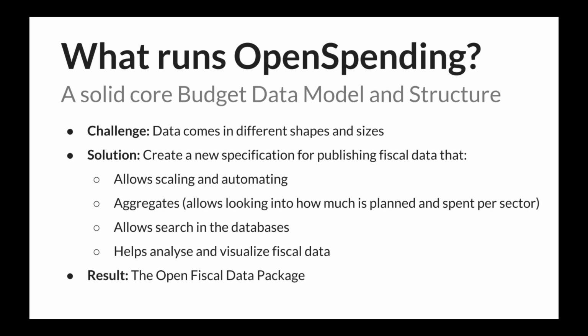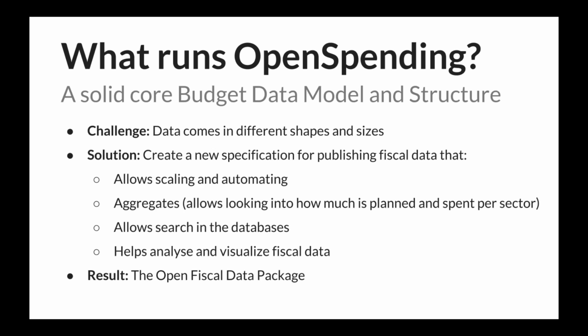The original design said, okay, once you upload fiscal data, great. Please put your fiscal data in a very specific format. You have to have CSV files with these columns, and if you don't have these columns, then you can't upload to Open Spending.